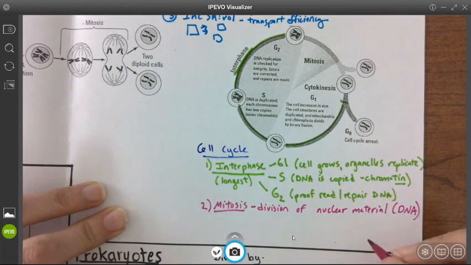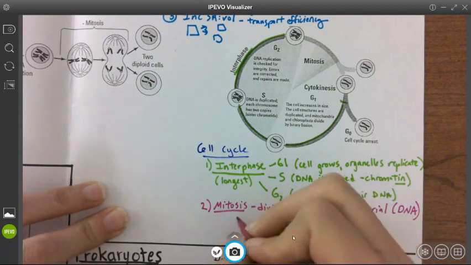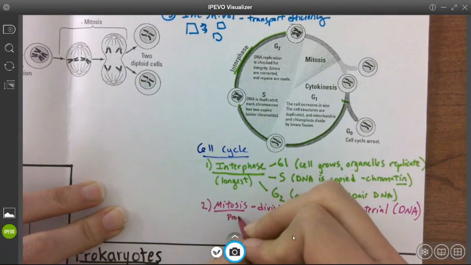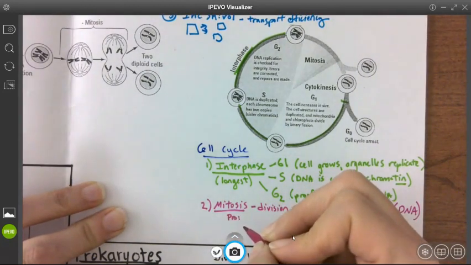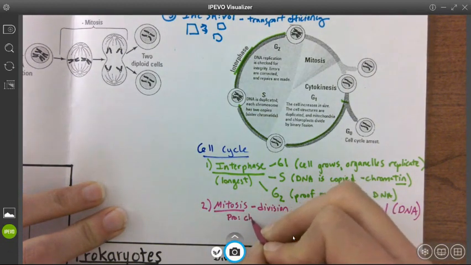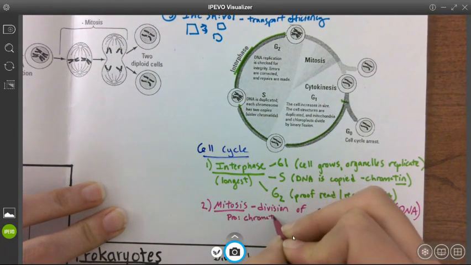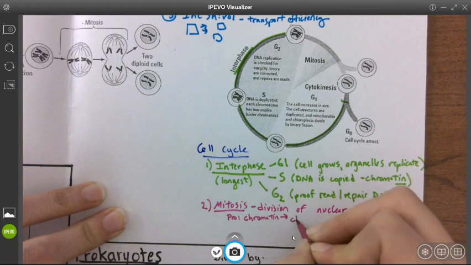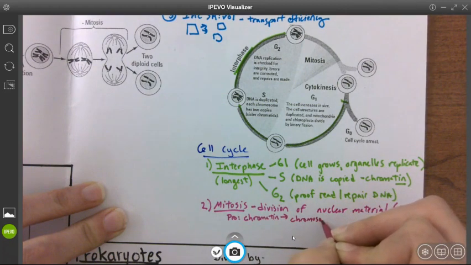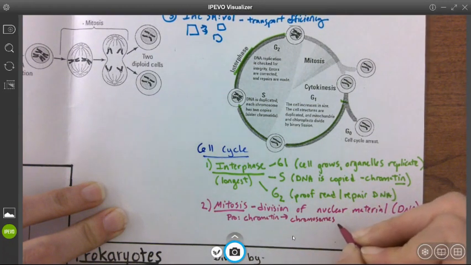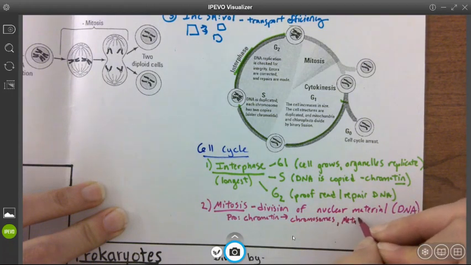And mitosis really has 4 major steps itself. So prophase is the first step. This is kind of our prep step. This is when our chromatin, our long uncoiled DNA, really condenses into our chromosomes, our DNA suitcase.